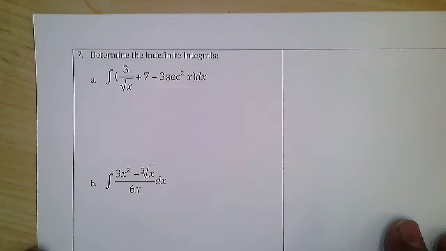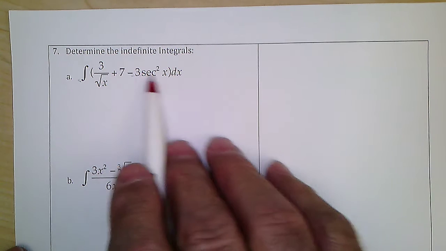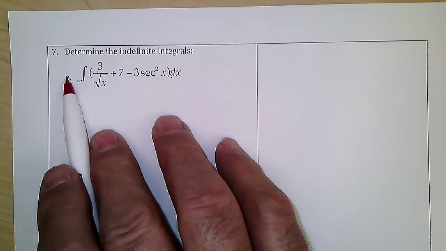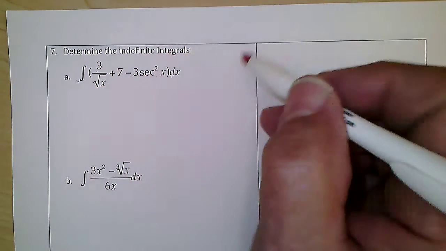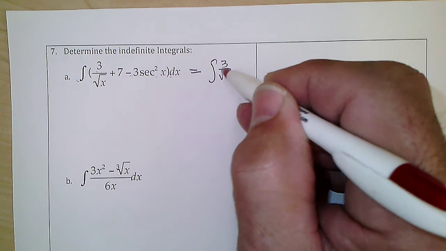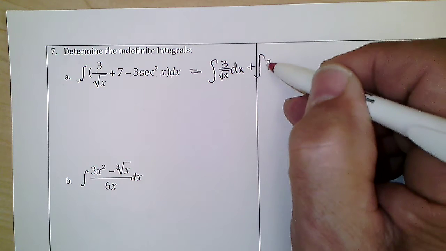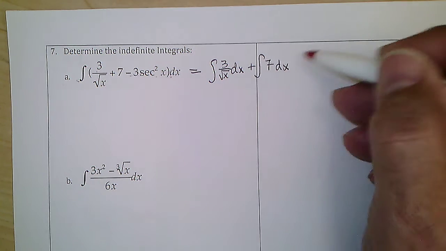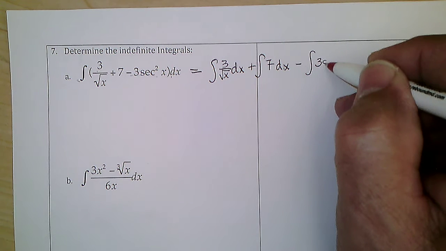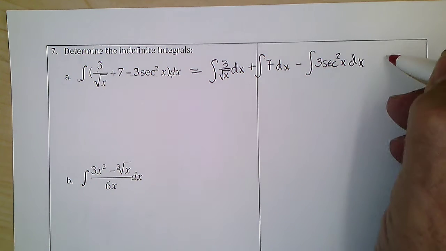Page 3. Since these are added or subtracted, I can split these up. I cannot factor out the 3 out of the whole thing, but I can factor it out of the split up one. So I'm going to split it first into the integral of 3 over the square root of x dx plus the integral of 7 dx minus the integral of 3 secant squared x dx.